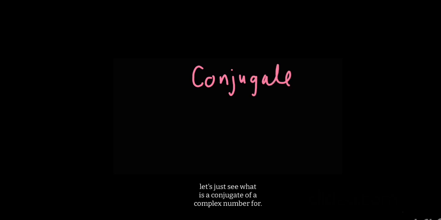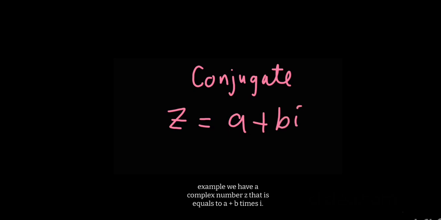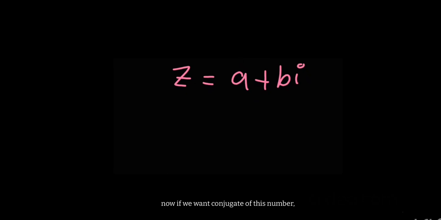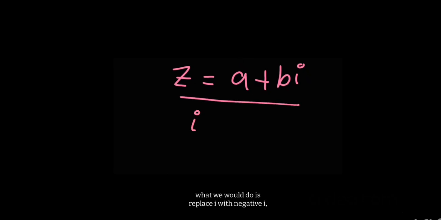As we are yapping more about complex numbers, let's just see what is a conjugate of a complex number. For example, we have a complex number z that is equal to a plus b times i. Now, if we want the conjugate of this number, what we would do is replace i with negative i.